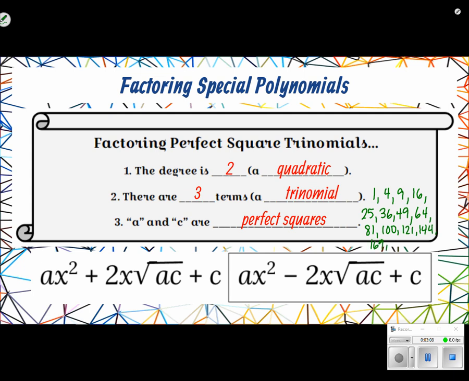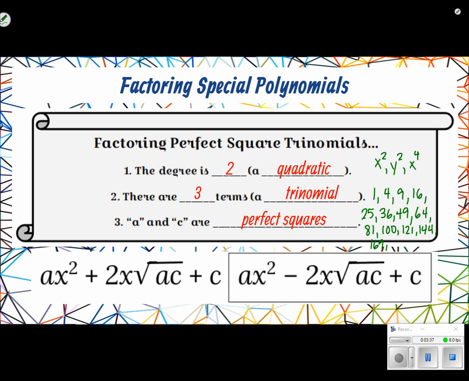You got other ones like 400, 900, my personal favorite, 625, that's 25 squared. So there are lots of perfect squares, but also x squared is a perfect square, y squared is a perfect square. Even x to the 4th, that's x squared times x squared. Those are perfect squares as well. So we're going to be watching out for perfect squares, be it variables or numbers.